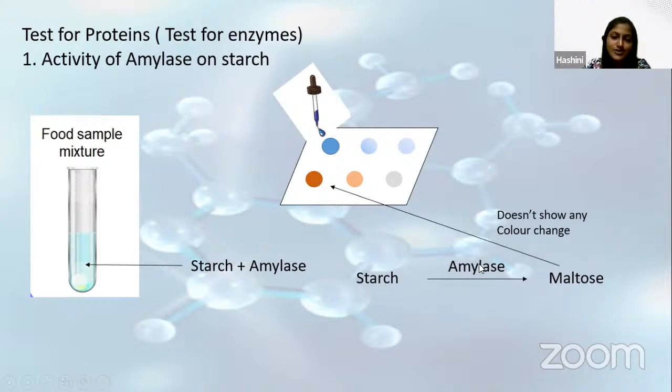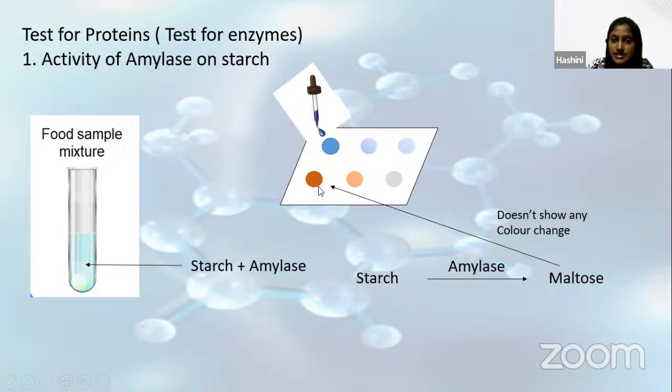Maltose, right? That means there is no more starch. So then will it show any color change with iodine? No, right? Only the color of the iodine we can observe. What is the color of iodine? It is brown.